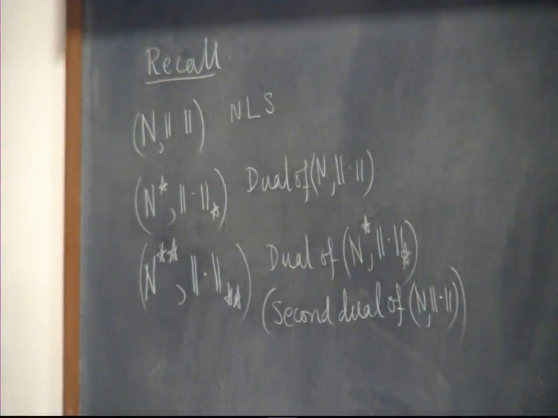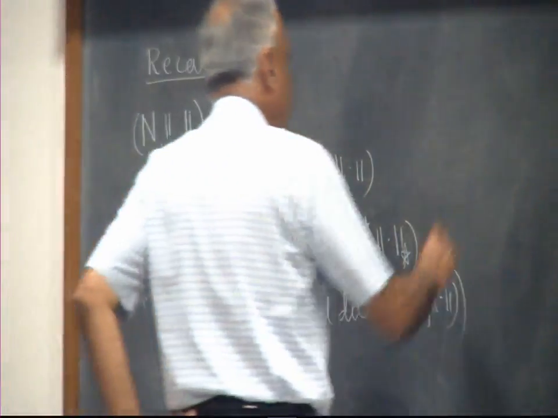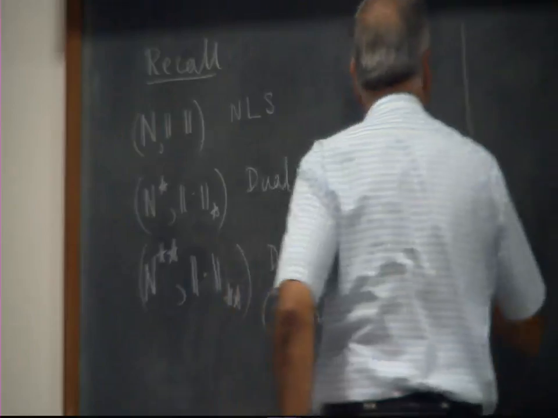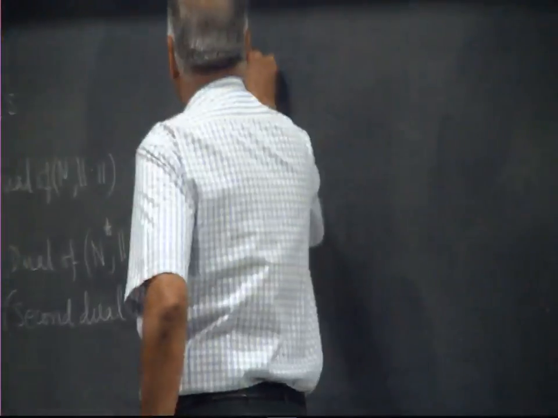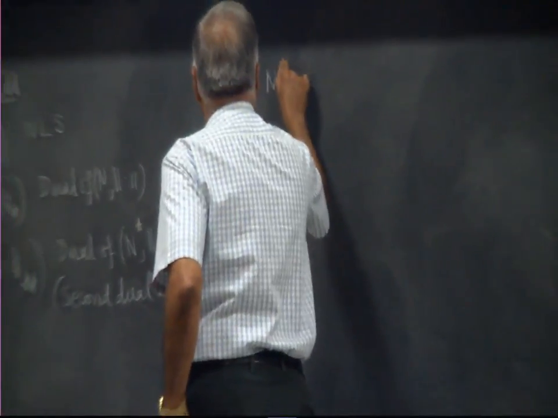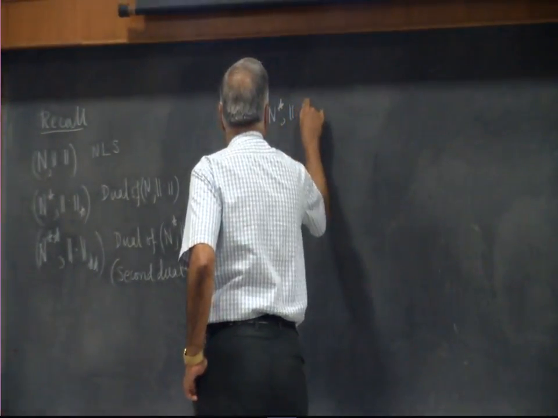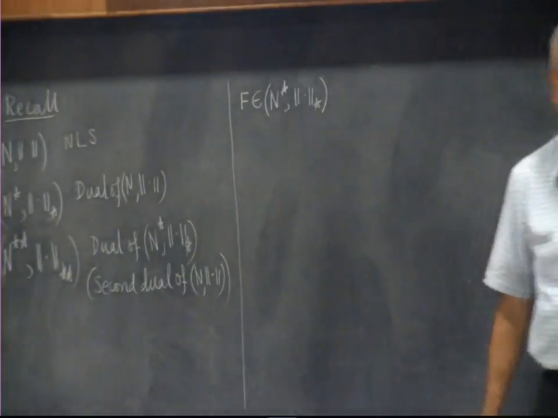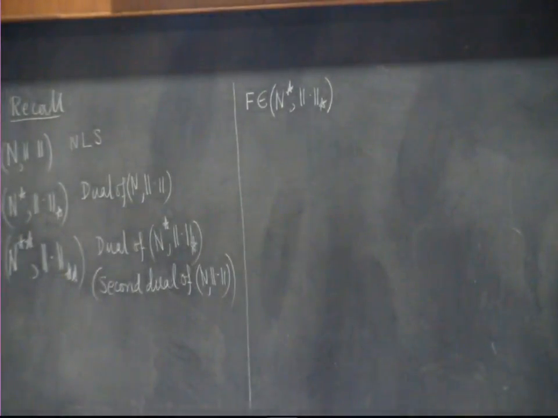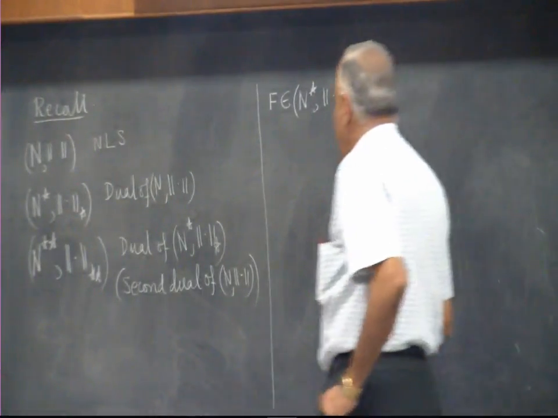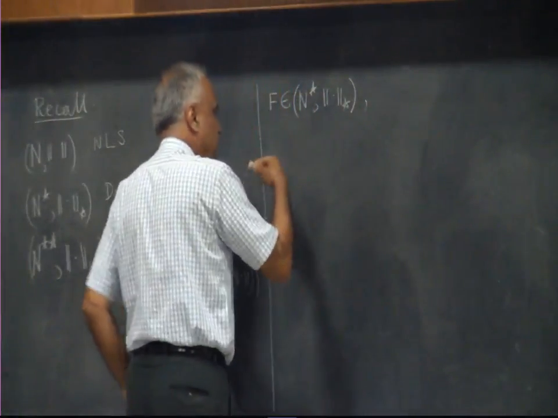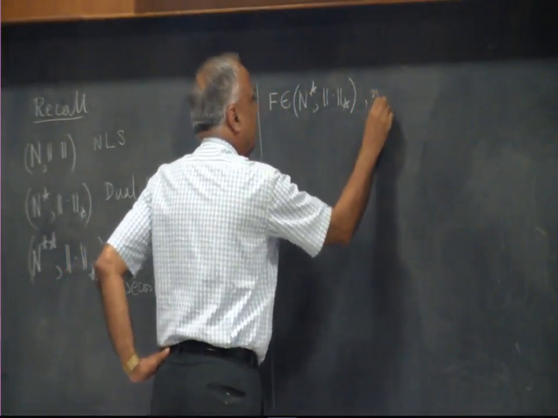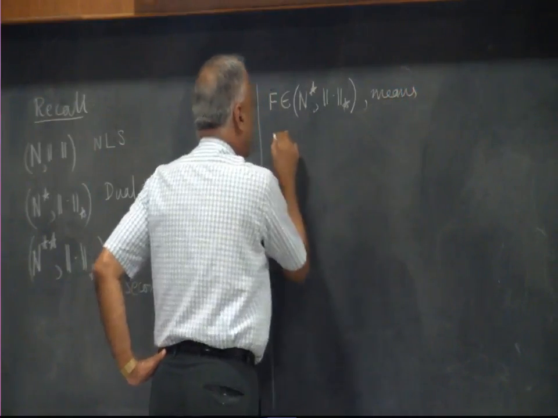Okay, again as I did last time before concluding, let me recall: if we take an element F in N star, then what all we have is listed below. This means the following: 1.